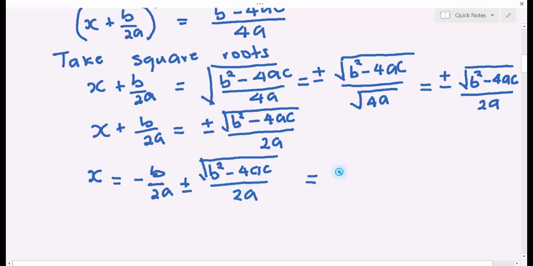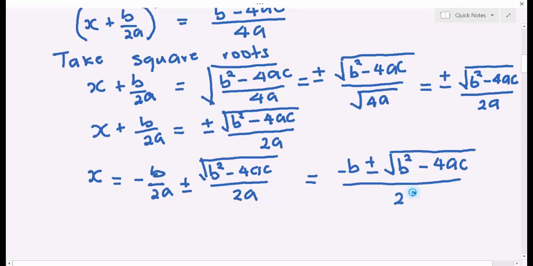This will give us minus b plus or minus the square root of b squared minus 4ac over 2a. So x is equal to minus b plus or minus the square root of b squared minus 4ac over 2a.